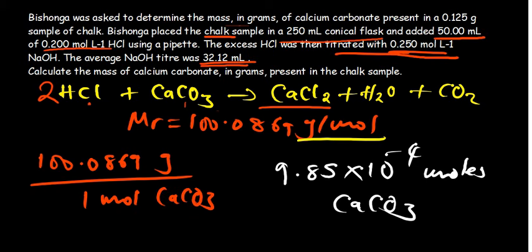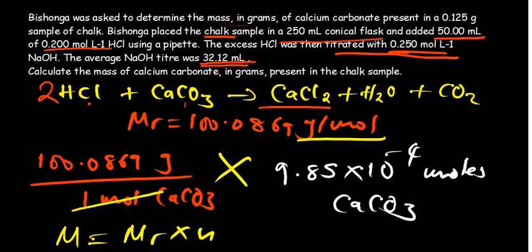Now at this point we have to multiply that by the number of moles of calcium carbonate. So the mass is the molar mass multiplied by the number of moles. The moles will cancel, so that you just get your answer in grams.